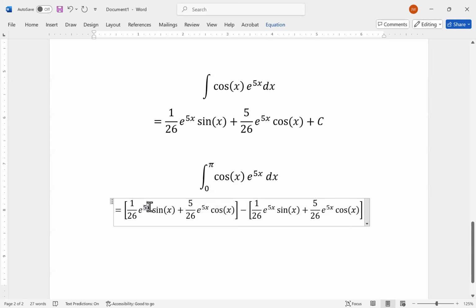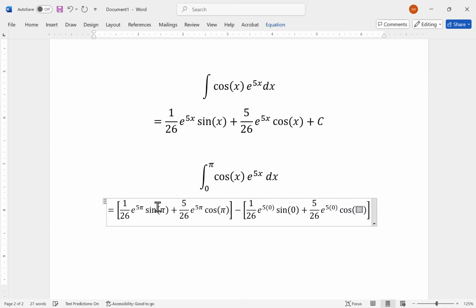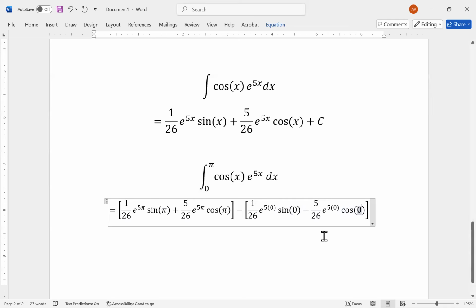So I'll plug in pi everywhere I see an x. And then I'll plug in 0 everywhere I see an x. And then I subtract the two, right? So once we've done those integrals, we can find definite integrals using that.